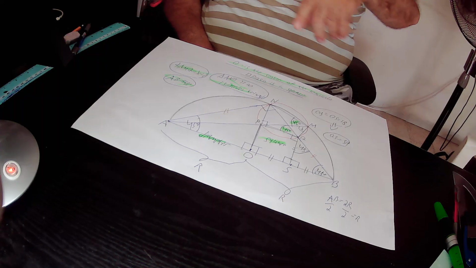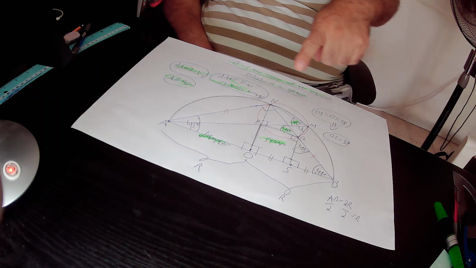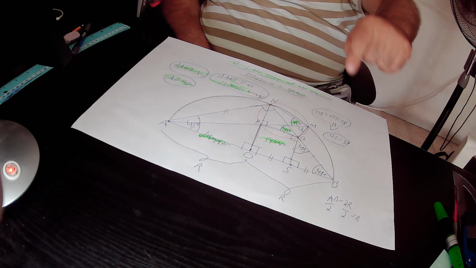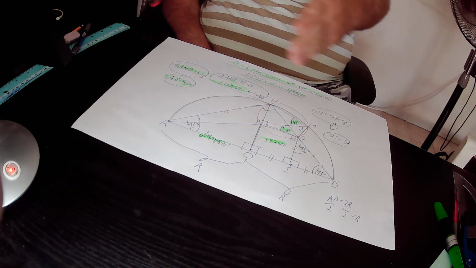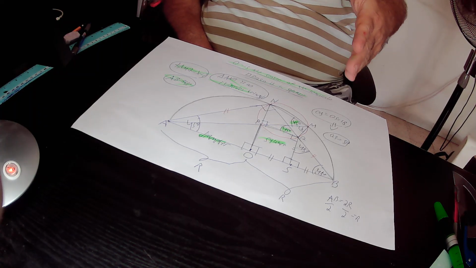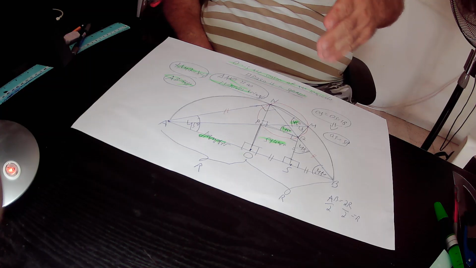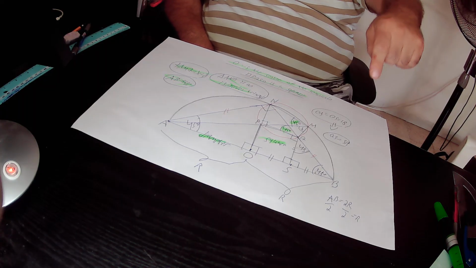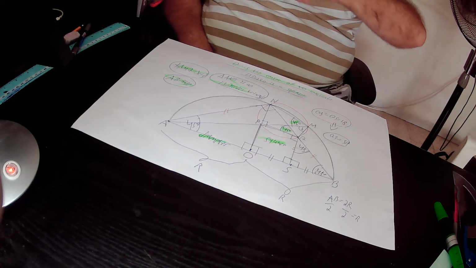That is to say, it divides the base AB into two parts, each equal to AB over 2. But AB is also the diameter. The base of the right isosceles triangle ANB is also the diameter of this circle. So if you define the radius of this circle as R, then the diameter must be equal to 2R.